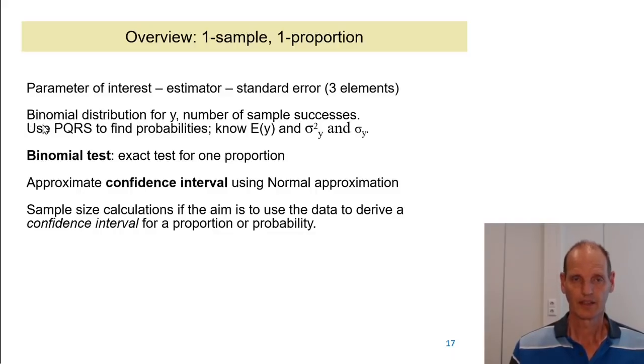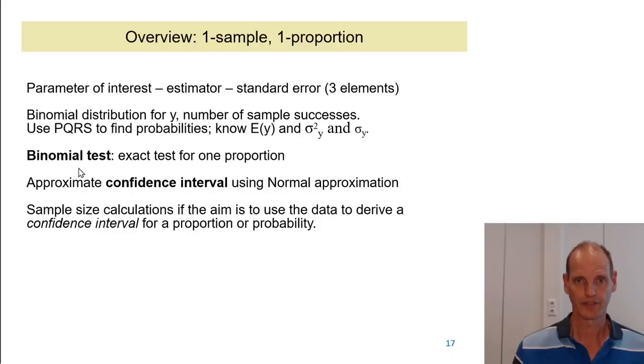The exact approach uses the binomial distribution for the number of sample successes, and you should be able to use PQRS to find probabilities. You should know the expected value or mean for y, the number of sample successes given n and the success probability, and also the variance and the standard deviation.